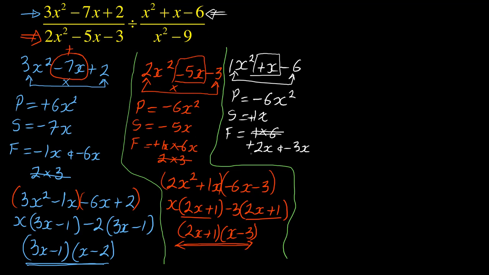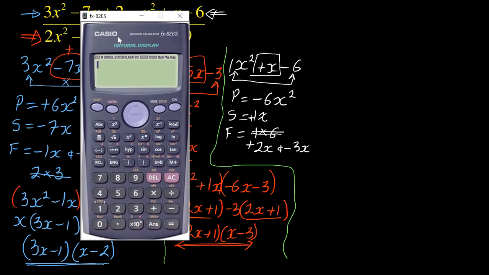If I multiply this, just to show you, 2 times negative 3, you can see that I get a negative 6. If I put a positive sign in between, you can see that I get a -1, so which means this one is wrong. When I multiplied it, I get a -6, yes, but when I add, I get a -1, but I need a +1.